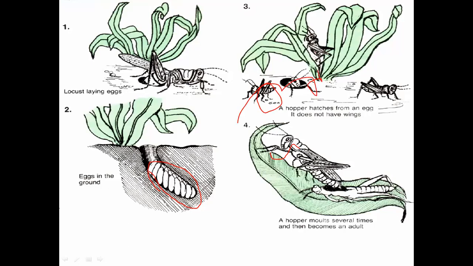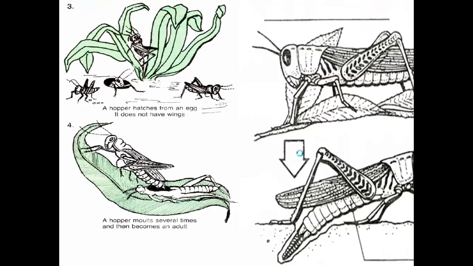This young one and this adult resemble each other except for the wings and other organs, but they look similar. Even the food material, feeding habit and habitat are the same, not different, they share the same habitat. So this is called simple metamorphosis.